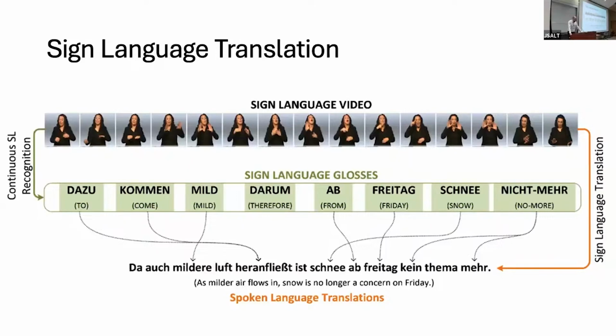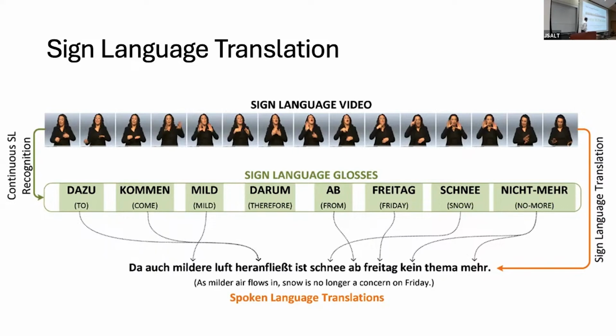This is a slide about sign language translation. It's from a German dataset, Phoenix, about the German weather. It's very much used because it has something that is hard to do. It has annotations of the different glosses. And a gloss is something like a direct translation of a sign, let's say.